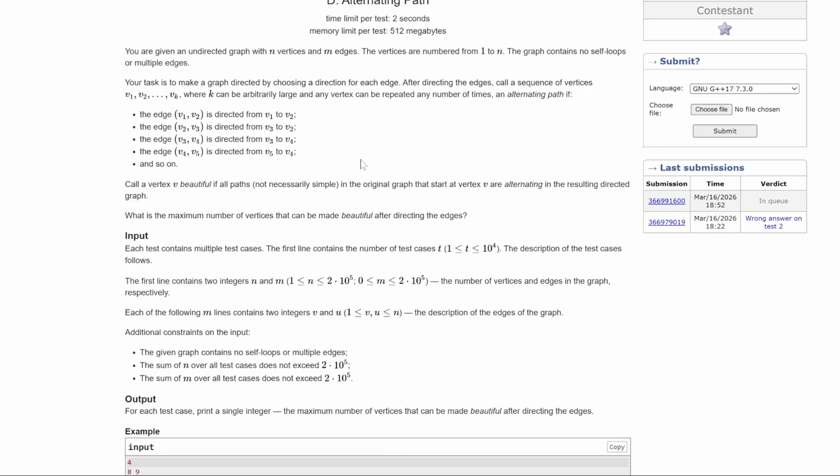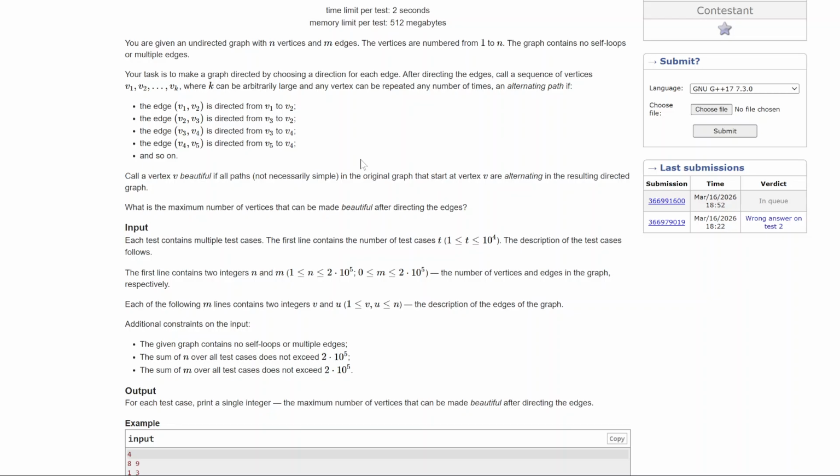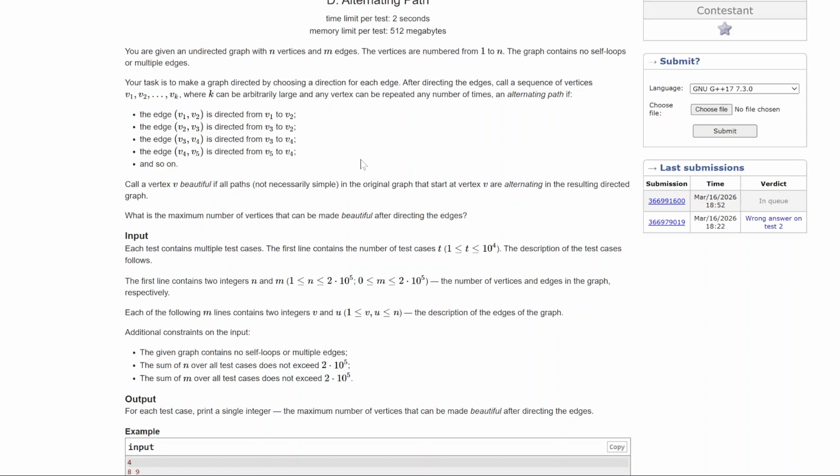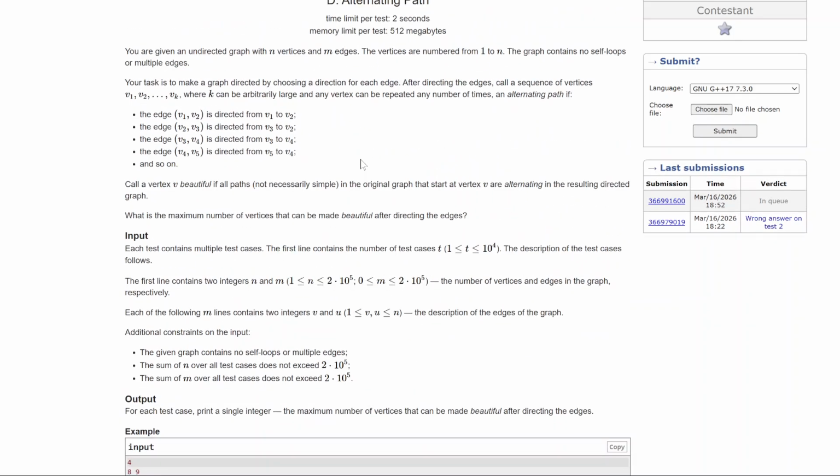It will be the number of nodes in the cycle divided by 2 plus those branches, because they are on the alternating nodes, so they will be counted. We can arrange it such that... Yeah, it should be correct.